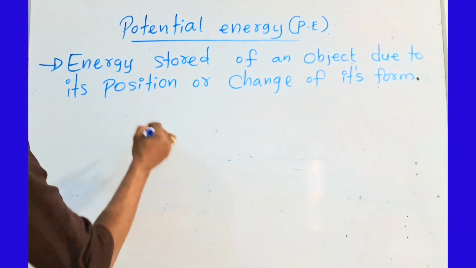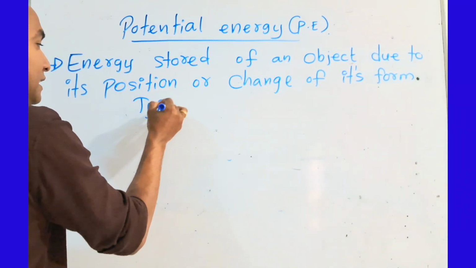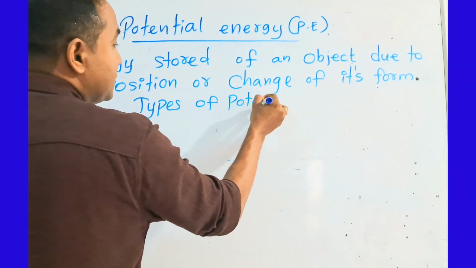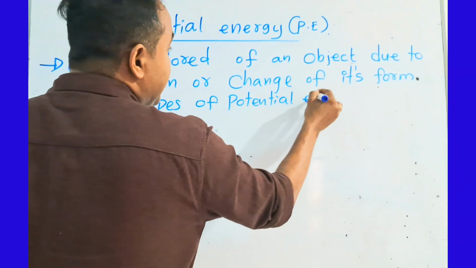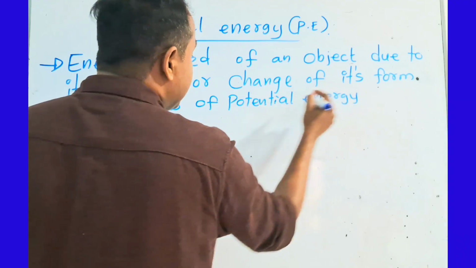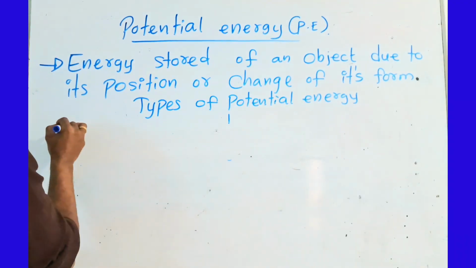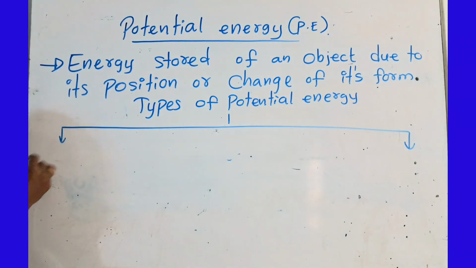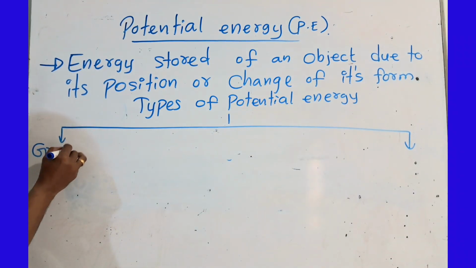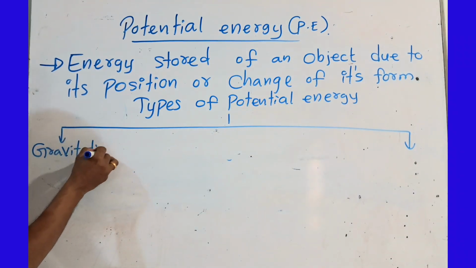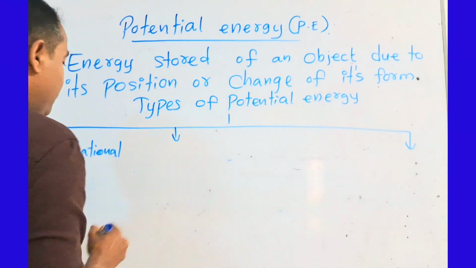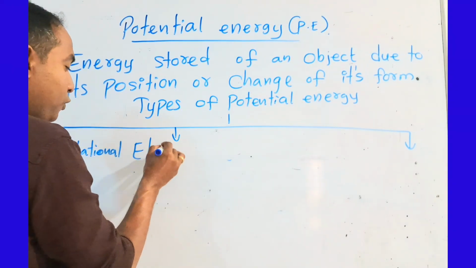And also, when we consider potential energy, there are different types of potential energy. Tell me, what are the different types? One of them is gravitational potential energy. Another type is elastic potential energy.